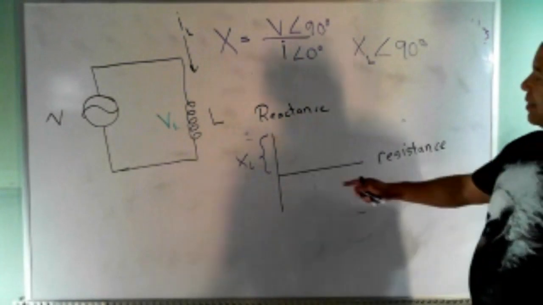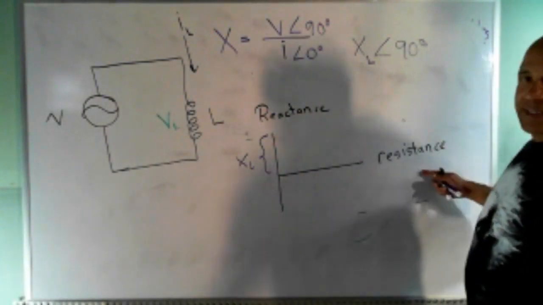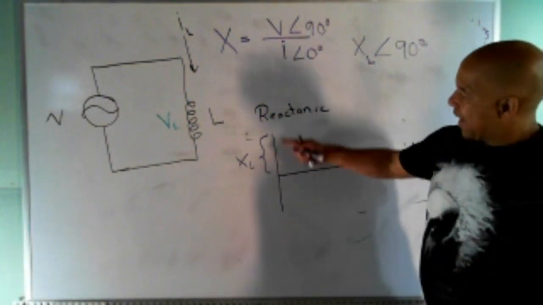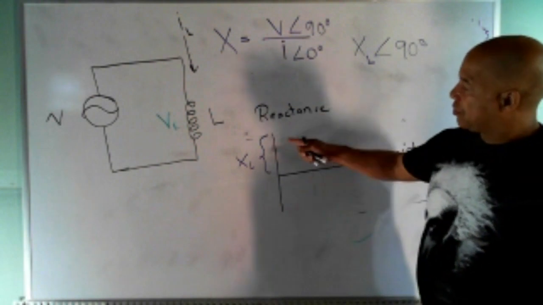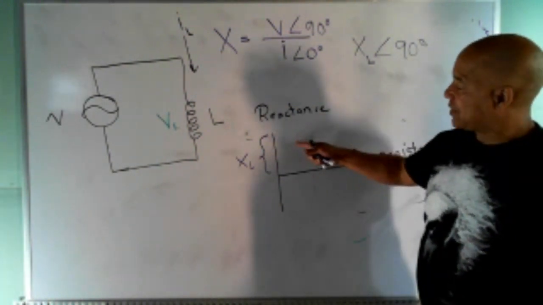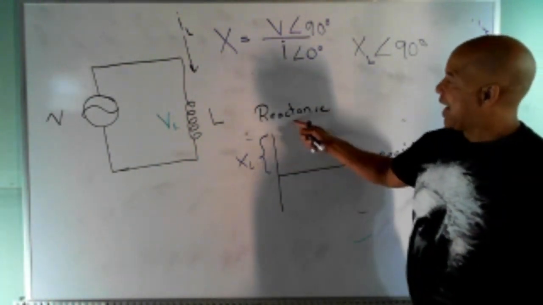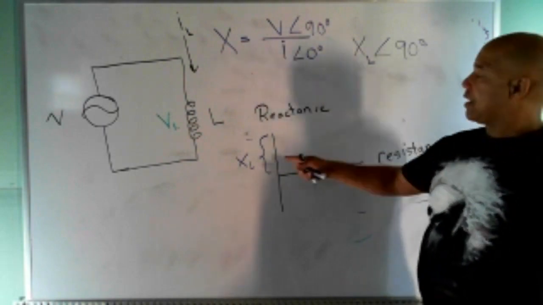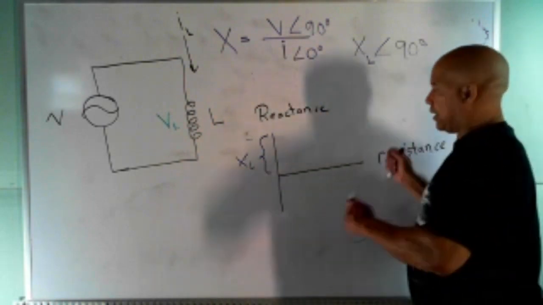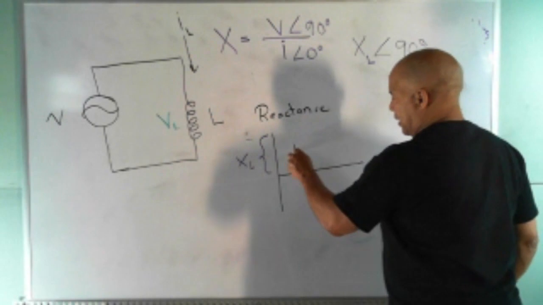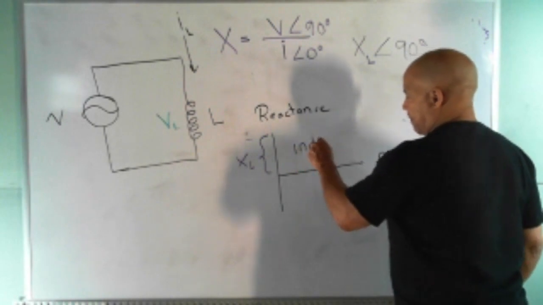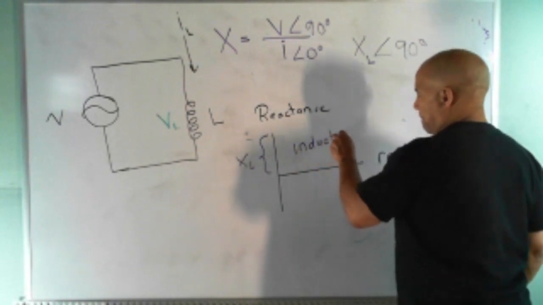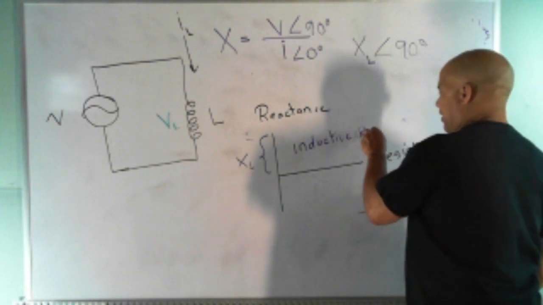So I got a resistance axis, I got a reactance axis, and I just showed you part of this reactance axis is reactance that comes from an inductor, and they call that inductive reactance. Let me write it down. Inductive reactance.